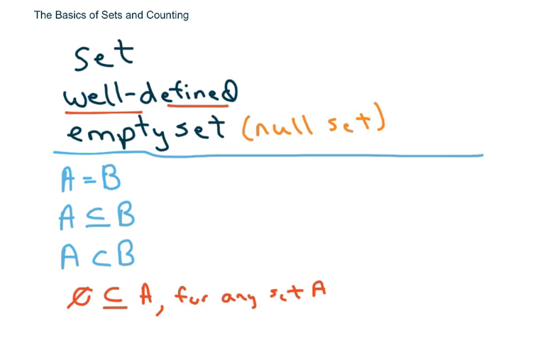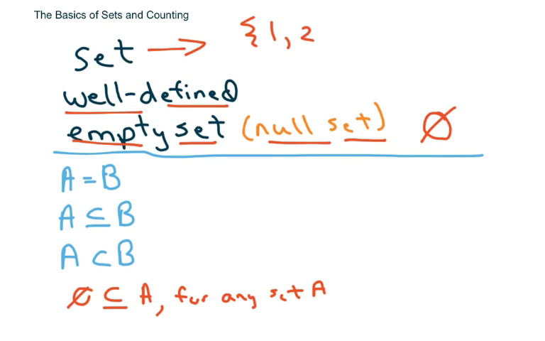If a set has no elements, it's called the empty set or the null set. Okay, and you're used to seeing it like that. There's ways to write elements of a set. For sets, you don't write it double. So I don't write like 1, 2, 3.